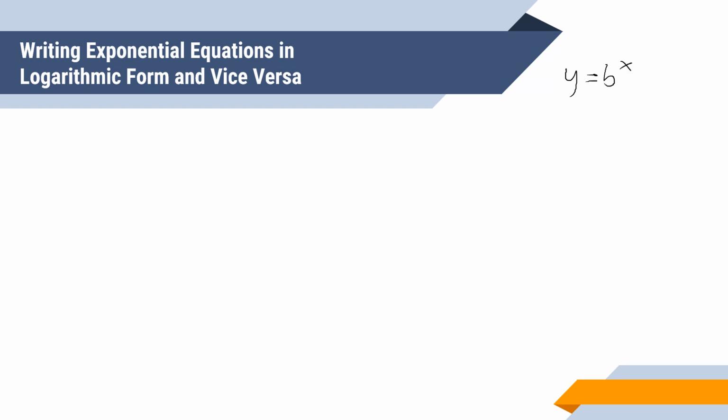Now, to rewrite this into a log form or logarithmic form, all we have to do is write the word log. And then in this example, our base is b.